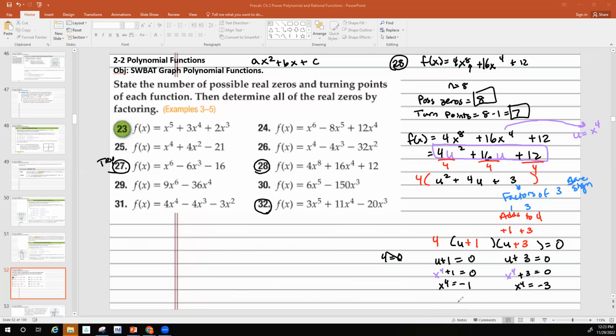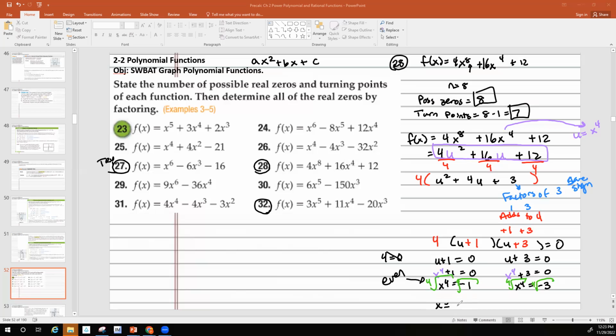Now when we do that, the opposite of the fourth power is fourth rooting. So we're going to take the fourth root of everything. And uh-oh, this is where we run into trouble because we can't have a negative inside of a radical that has an even index.